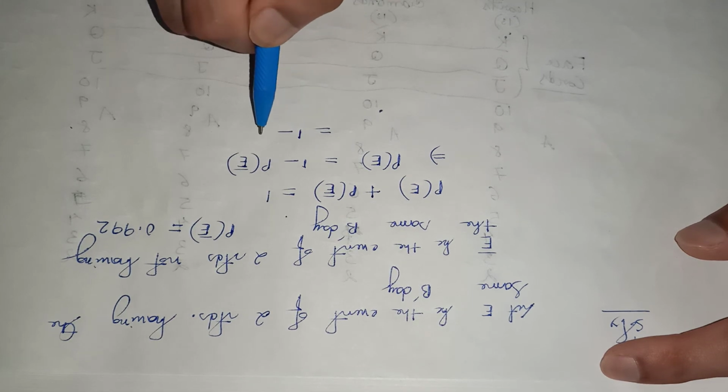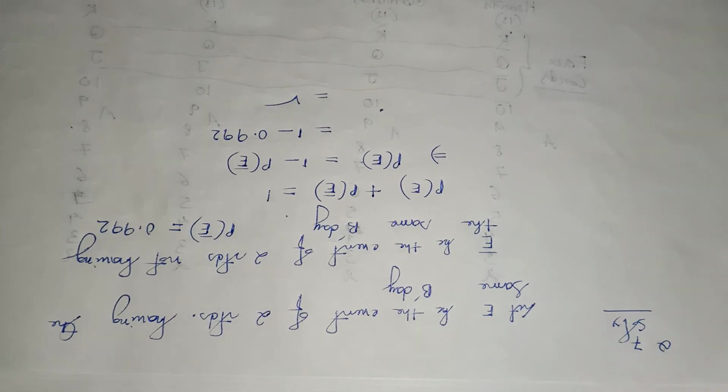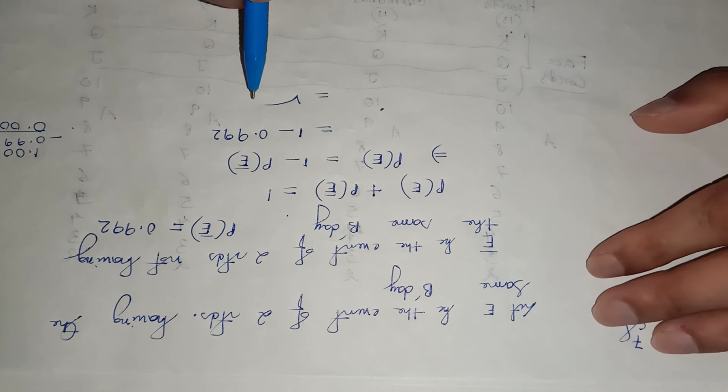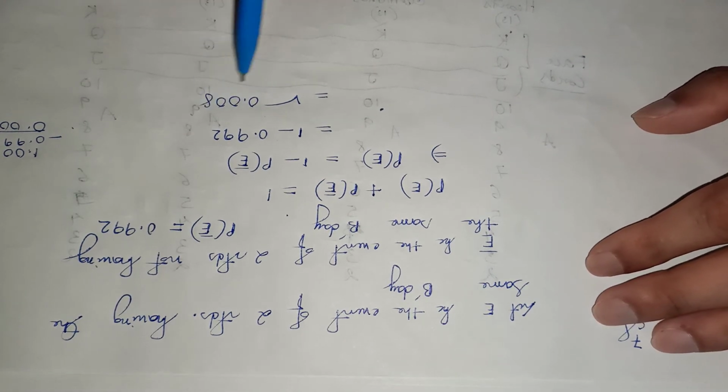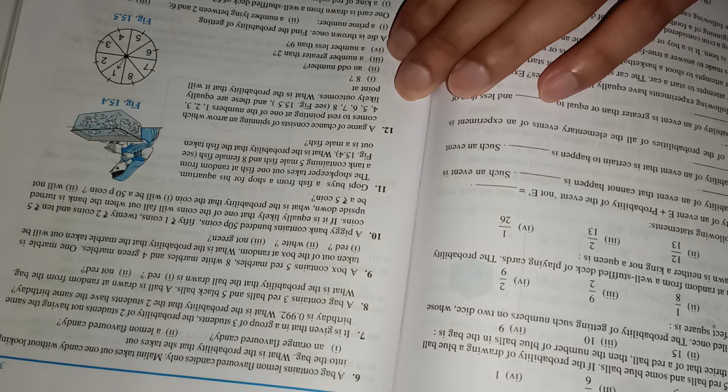It is 1 minus 0.992. You subtract it, then it gives you the required result, which we got as 0.008. So the chance of not having the same birthday is more as compared to the chance of having the same birthday. Next question.